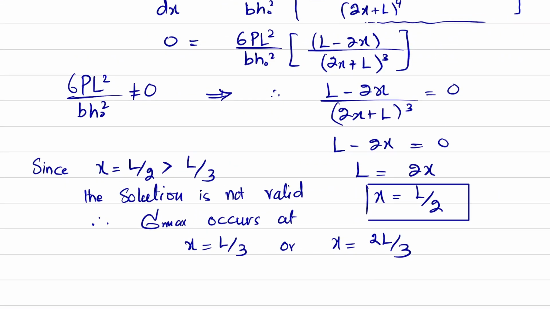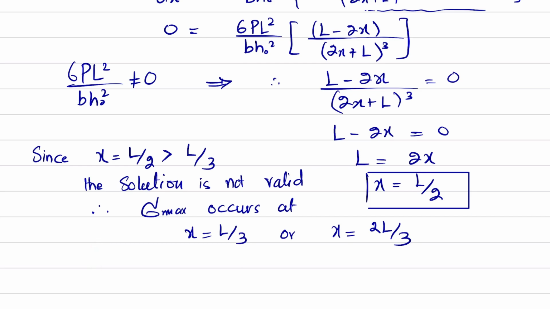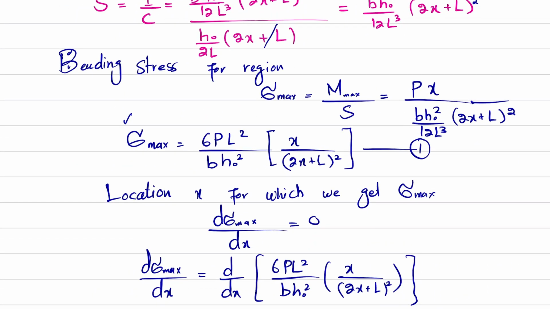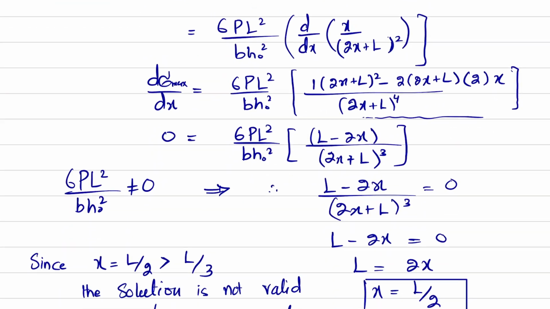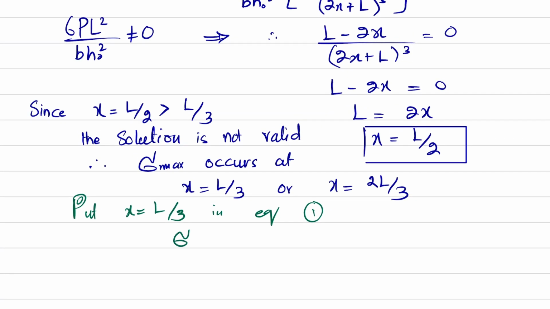Now put x equal to L by 3 or 2L by 3 in equation 1. This is equation number 1. So when you put it, you will get the absolute maximum bending moment comes out to be 18PL over 25 bh naught square.